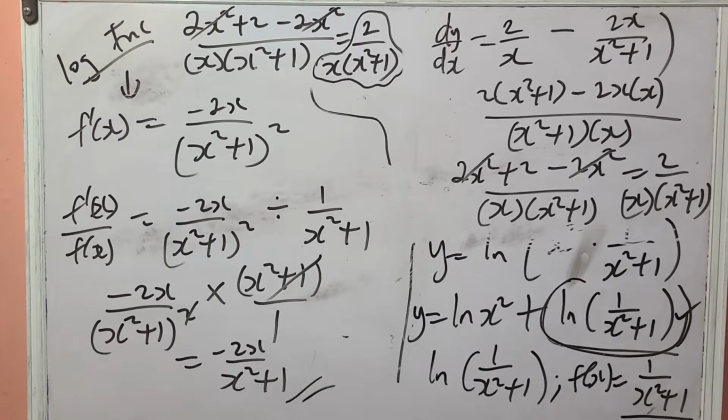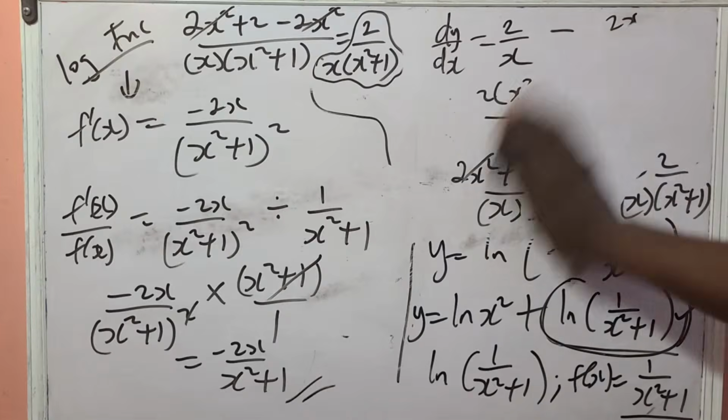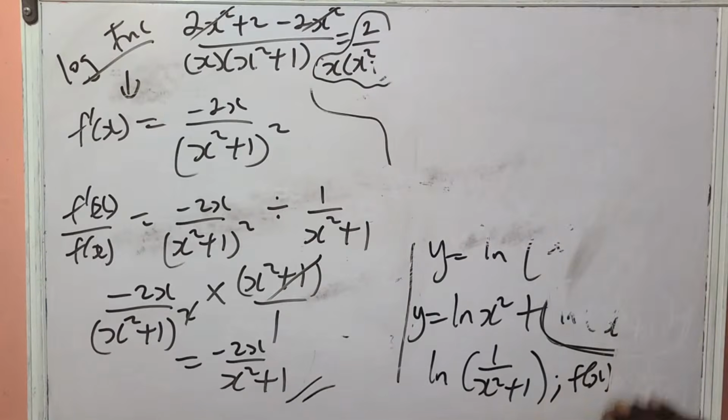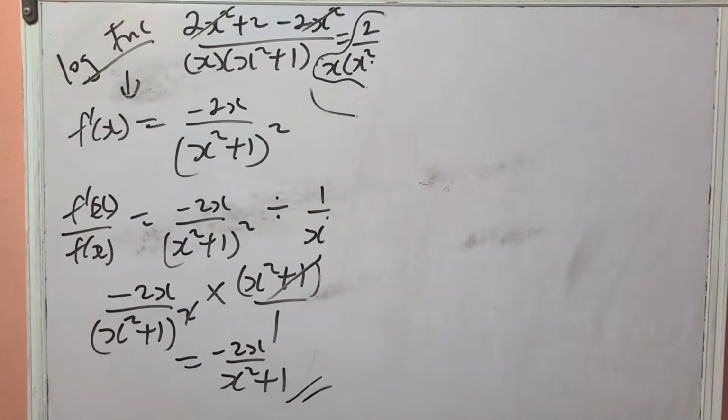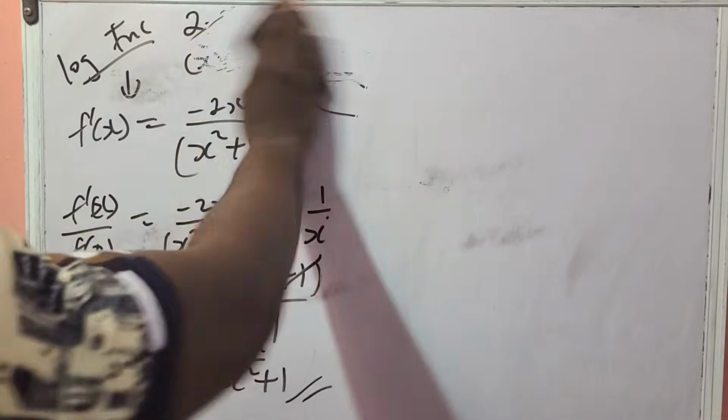So guys, I think we have been able to perfect this aspect of calculus. That's logarithm function. Is there anybody still struggling, or are you guys perfect in it? Is there any concern around this, or are you very good at it now? So that's the way you solve logarithm function. Derivative of fx over fx, you will always get your answer.